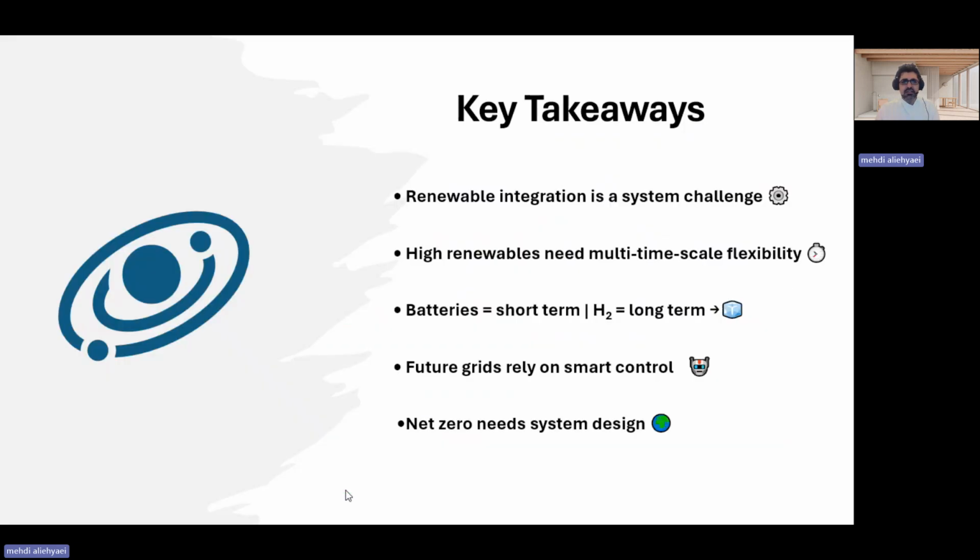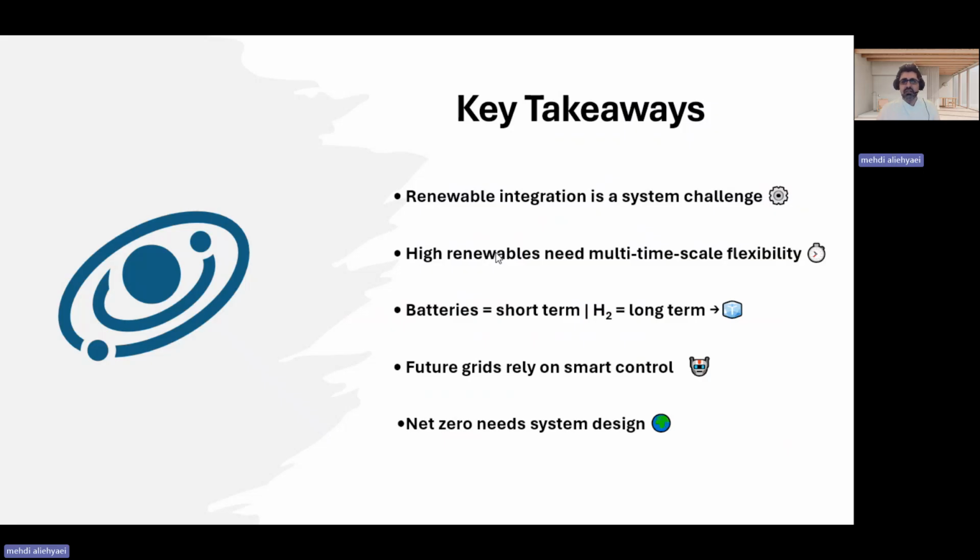Key takeaways from this presentation: renewable integration is a system challenge, which is quite clear. High renewables need multi-time scale flexibility, because there are big differences between fossil fuel power plants and renewable energy power plants: renewable energy needs more flexibility and management.